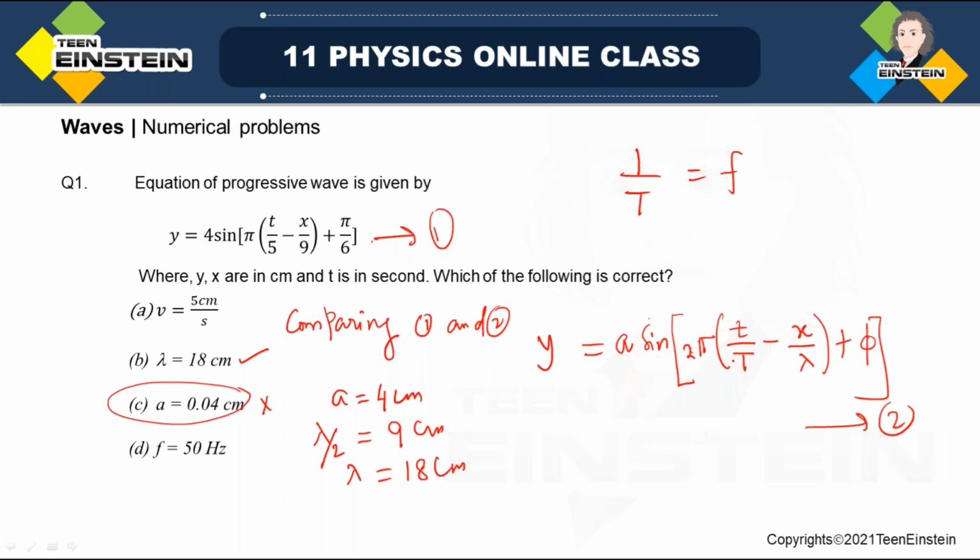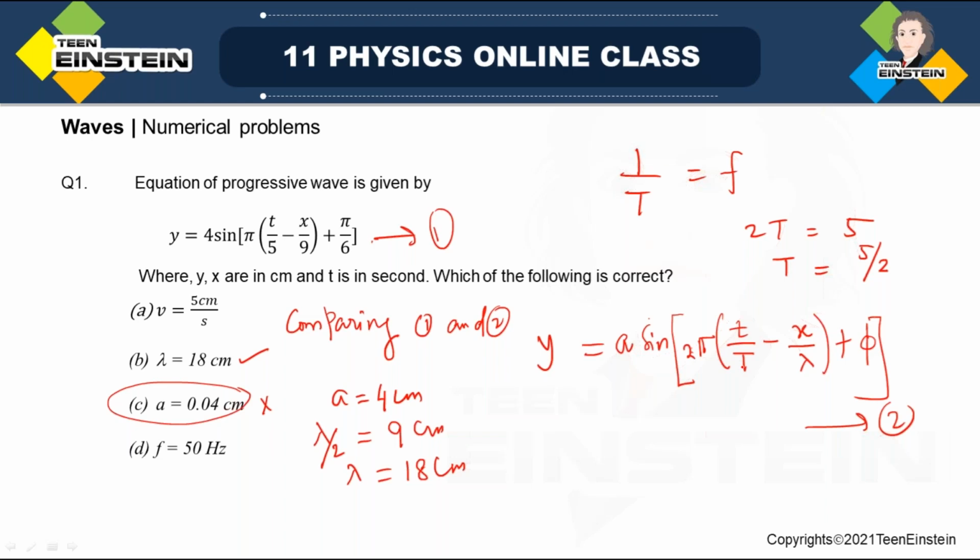Or you should write 2t. 2t is equal to 5. So actually 2t, we get 2t is equal to 5. So t will be 5 by 2.